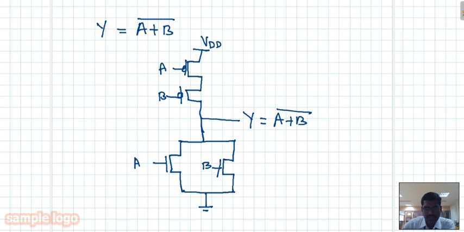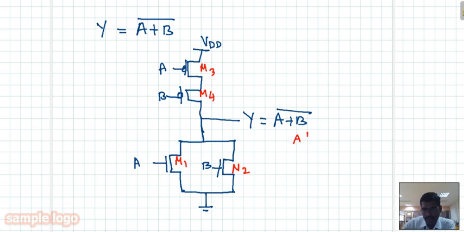If A equal to 0, it is off. For example, I have this table. I call the transistors M1, M2, M3, and M4.